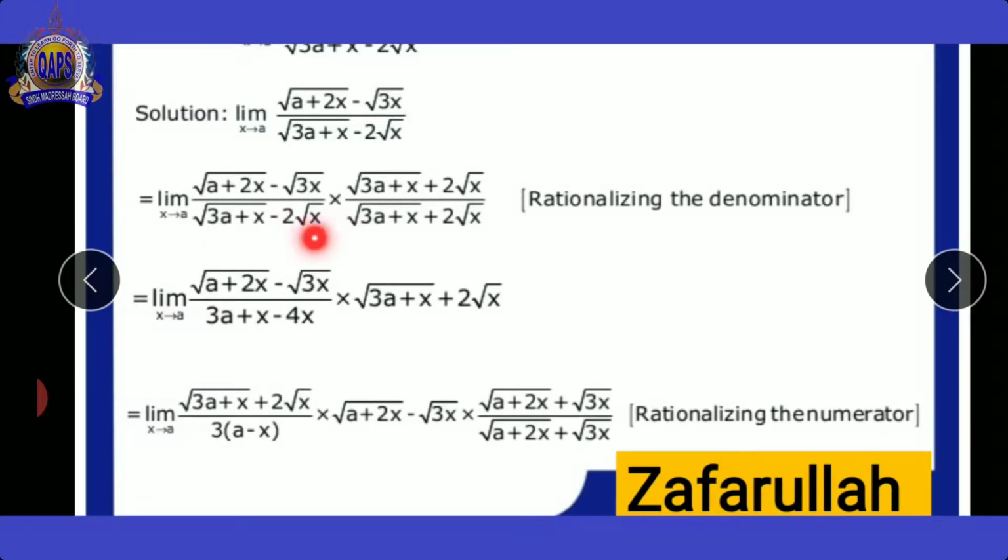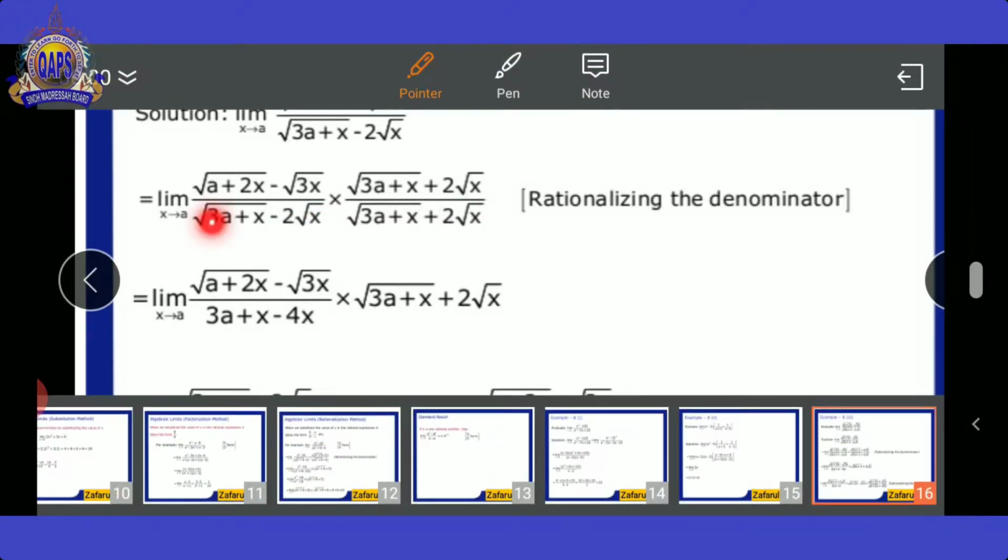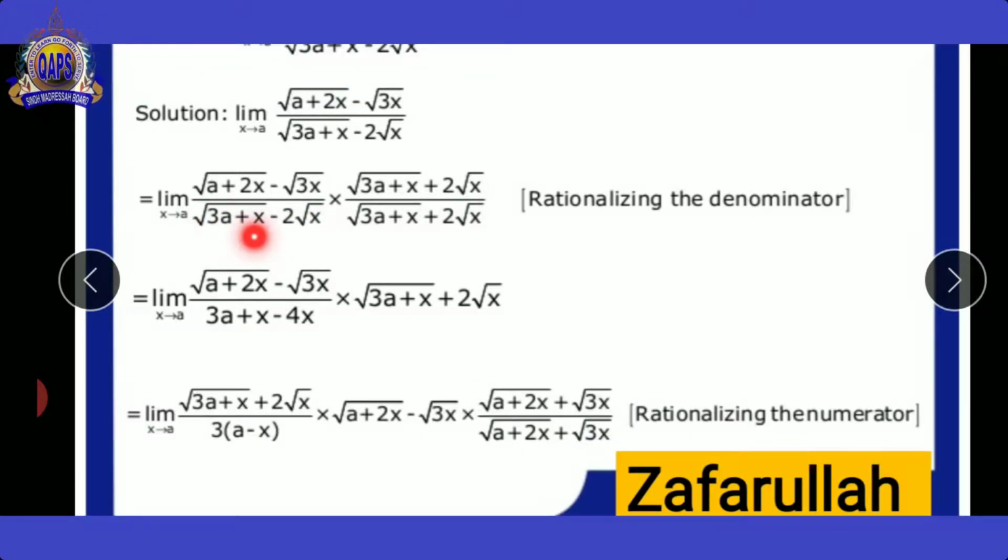So here in the denominator we apply the difference of two squares formula. A square means this whole function, this whole part will become a and this whole part will become b. So radical 3a plus x whole square, the radical and square cancel, then 3a plus x remains.